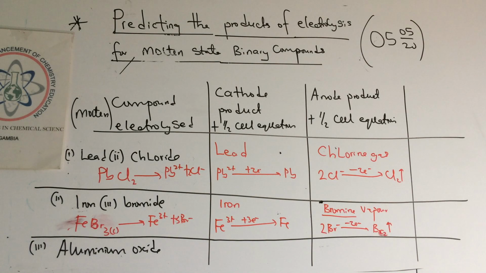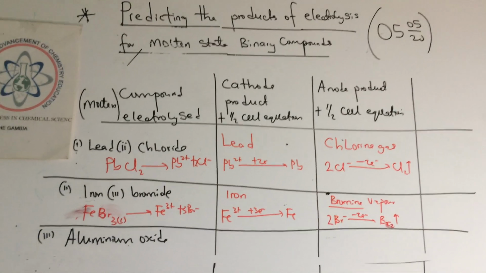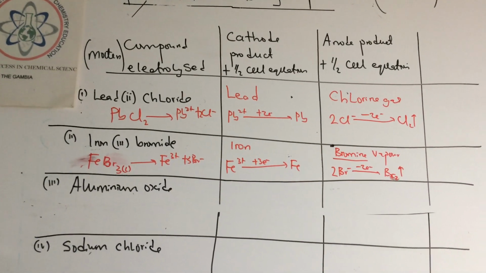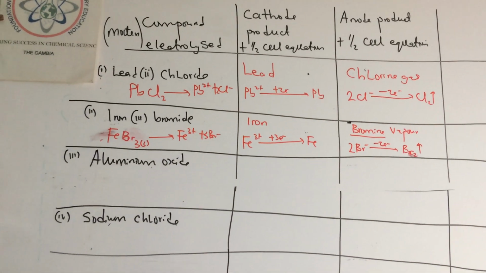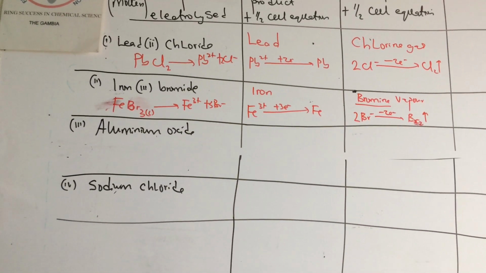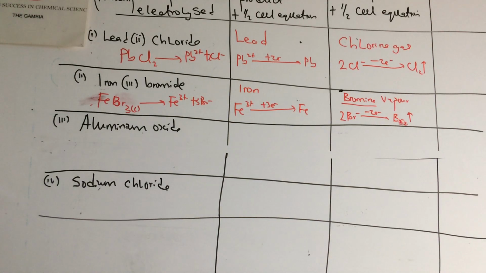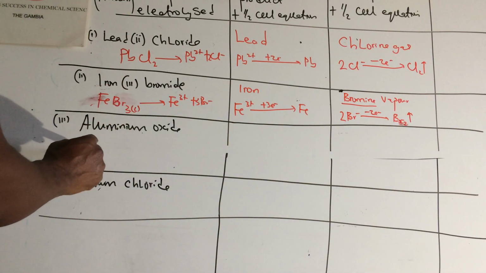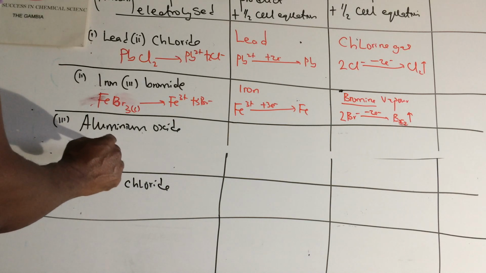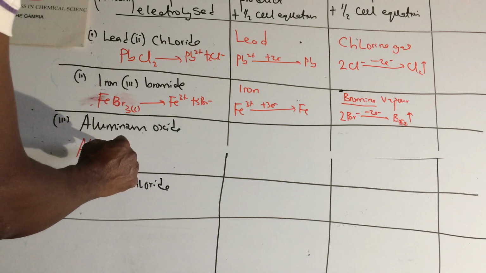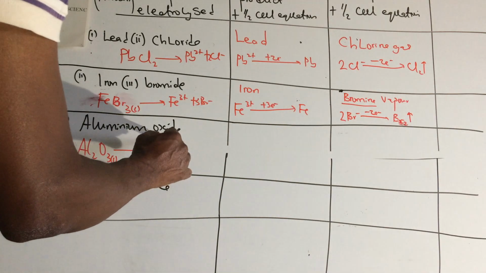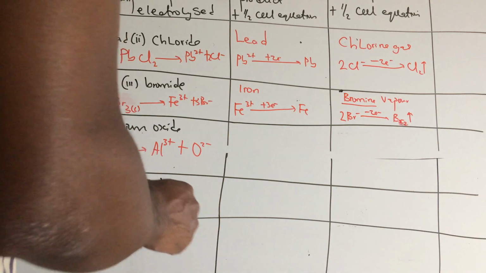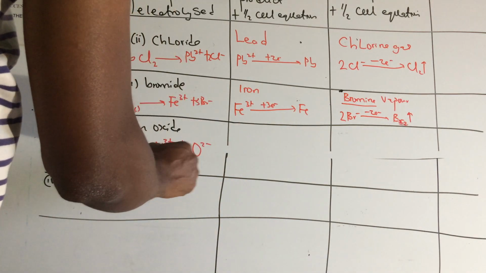To explain aluminium, this is aluminium oxide, and it's molten. You have the aluminium ions and the oxide ions. So this one goes to the cathode, this one goes to the anode.